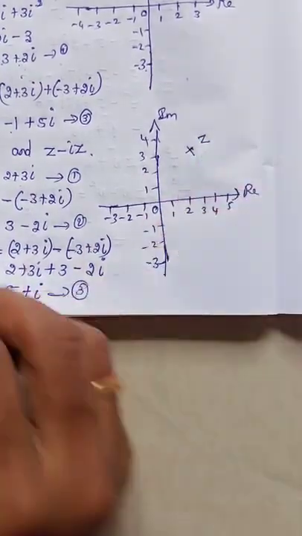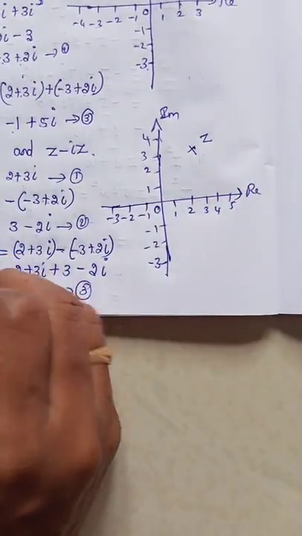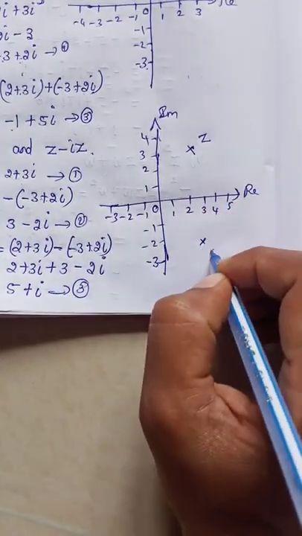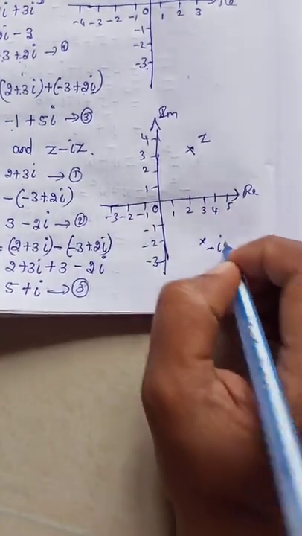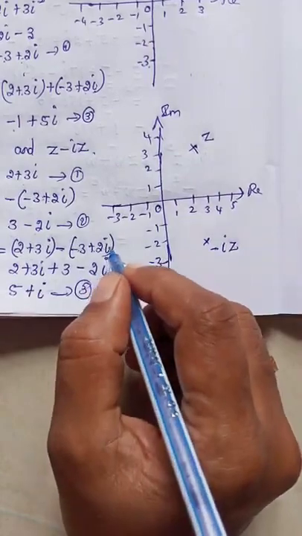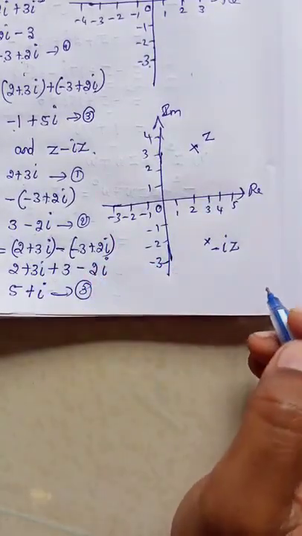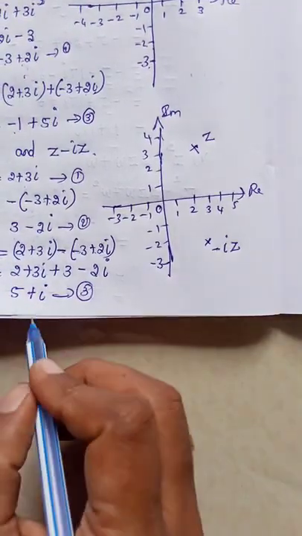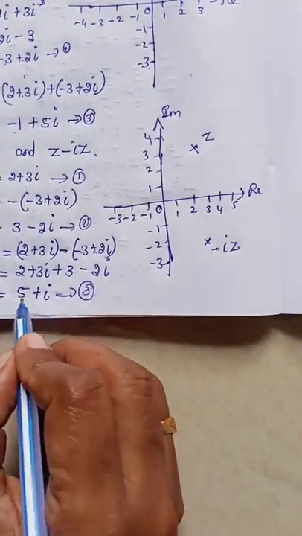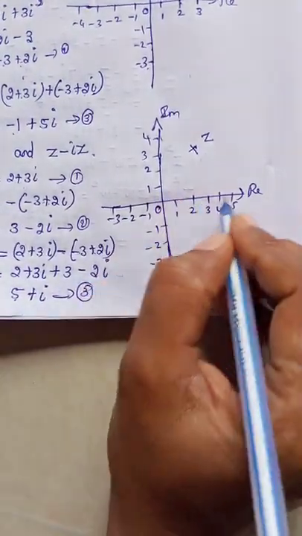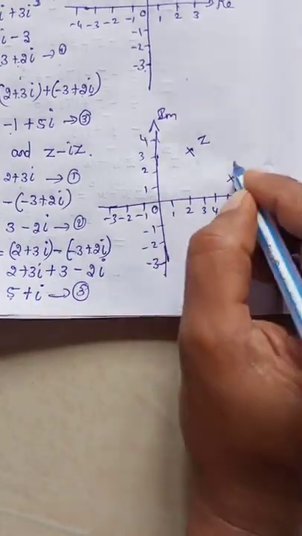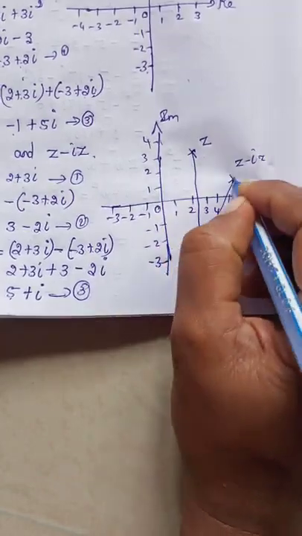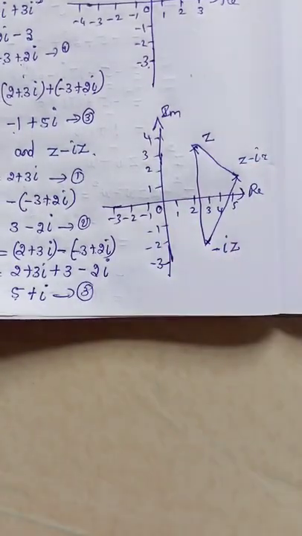So this is Z. Minus iZ is 3 comma minus 2. iZ will be in the second quadrant, isn't it? Since it is minus iZ, it has come to the fourth quadrant. Now Z minus iZ is 5 comma 1. That is Z minus iZ. Is that clear?